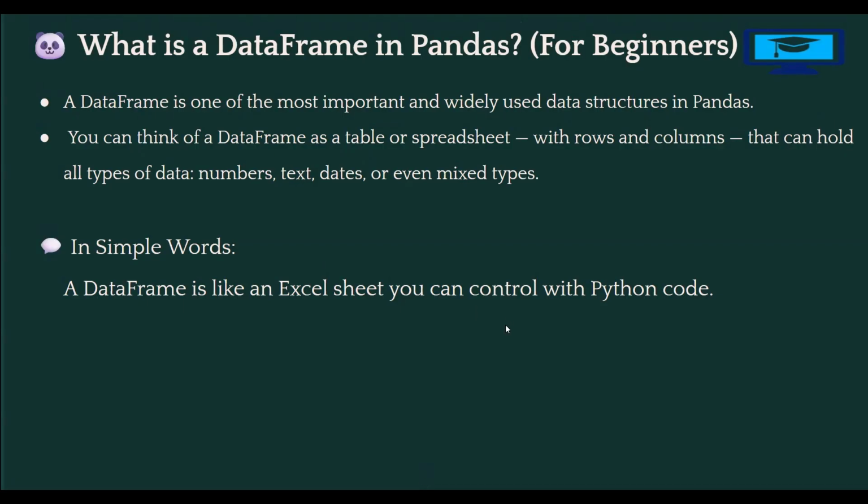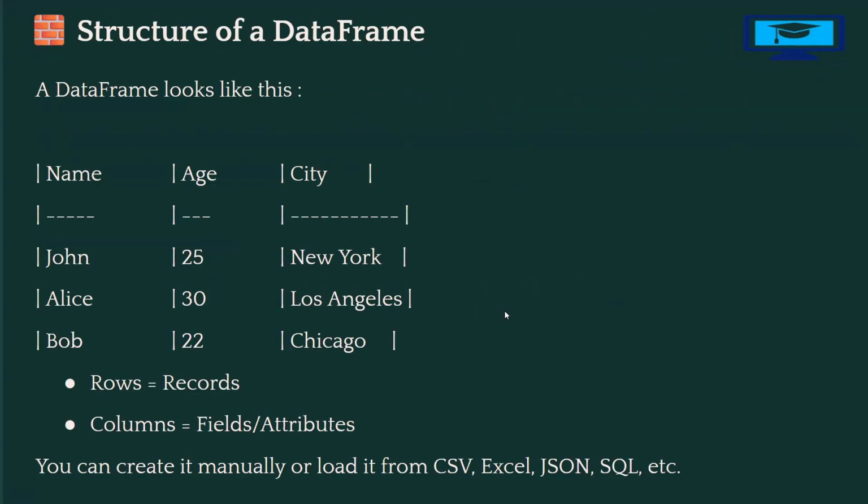Just like we have an Excel sheet, this is how it looks. We have name, age, cities, different columns and values inside them. A data frame basically looks like this. If you want to display or work with the data that you have defined in an Excel sheet using Python or pandas, we use a data frame.